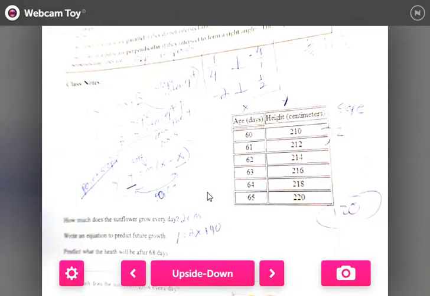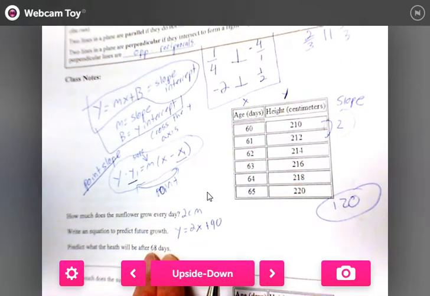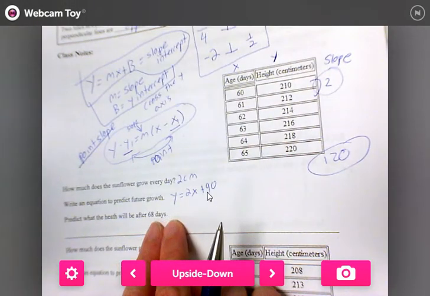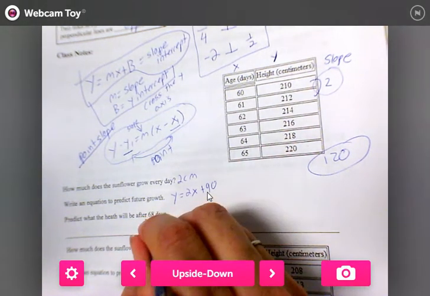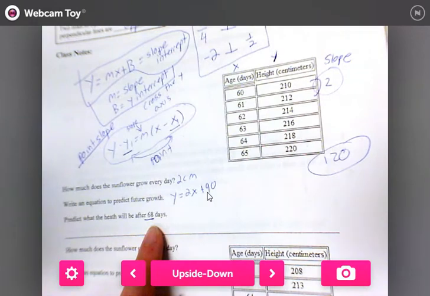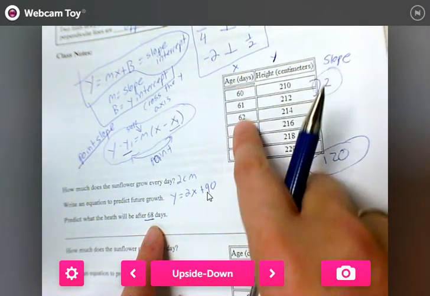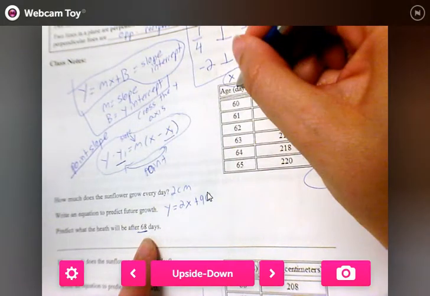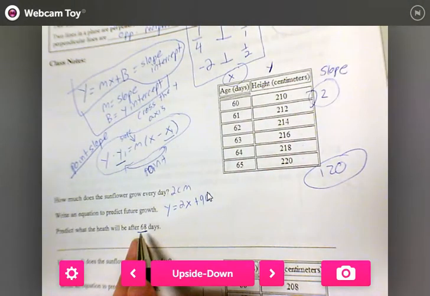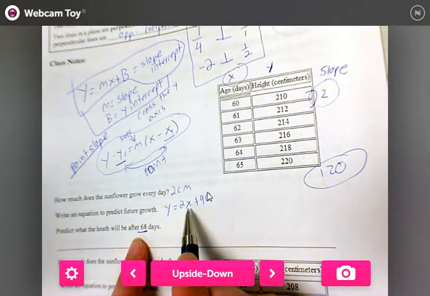Okay. How am I going to figure out how many centimeters this sunflower is going to be at 68 days? Where do I plug in the 68 days? 68 is the what value? Days are, what does this say right here at the top? X. So I'm going to plug 68 in for x.